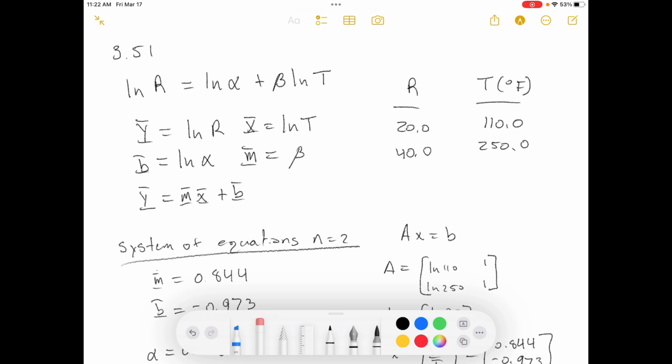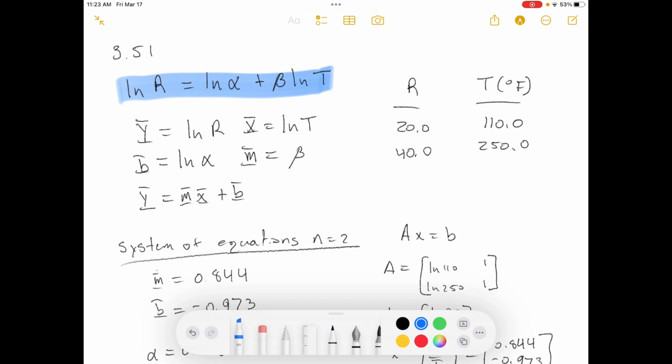Okay, well, they told us in the problem statement that a log plot gives a straight line. So there's a log exponential relationship between R and T. I wrote that relationship down right here. So now we just have to model this.